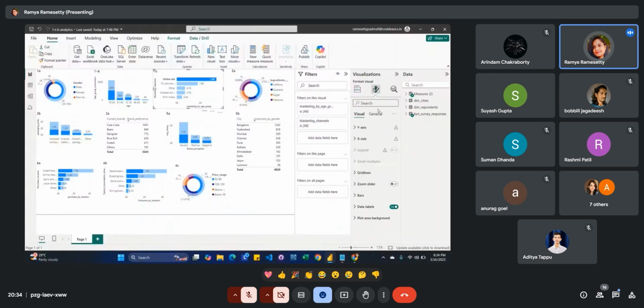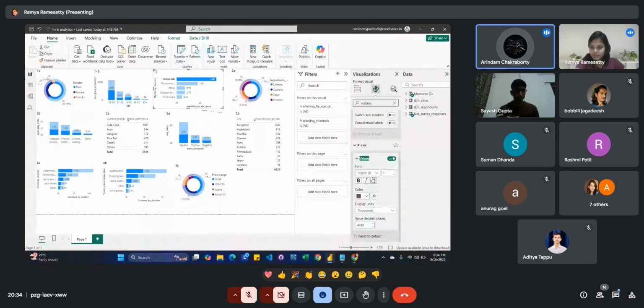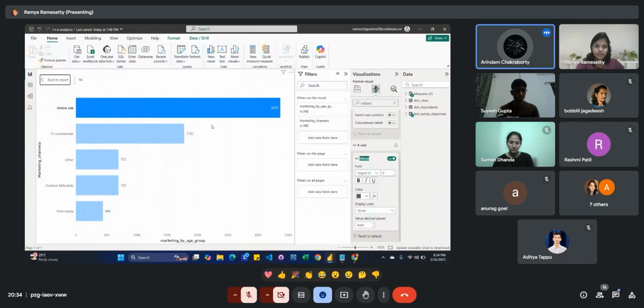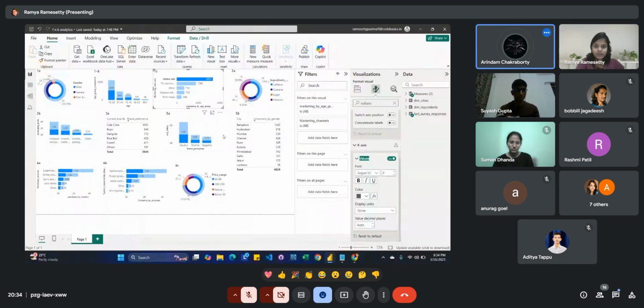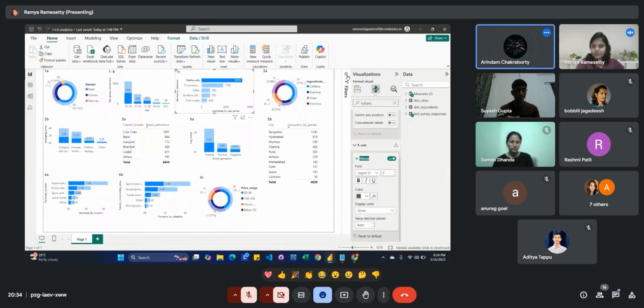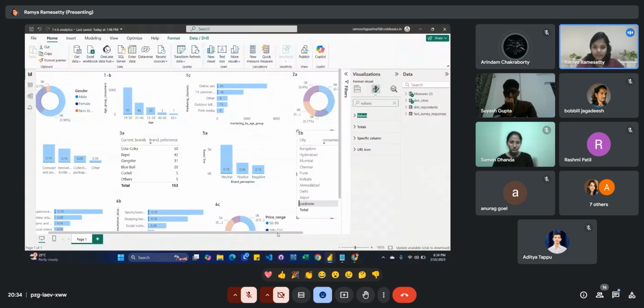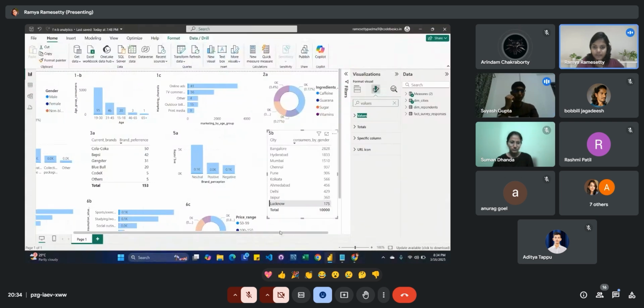Just minimize the filter panel. Close the filters panel. Can you see it? I'll zoom in on the city. Here, use the focus mode, please. Is it fine? Yeah, it's better now.